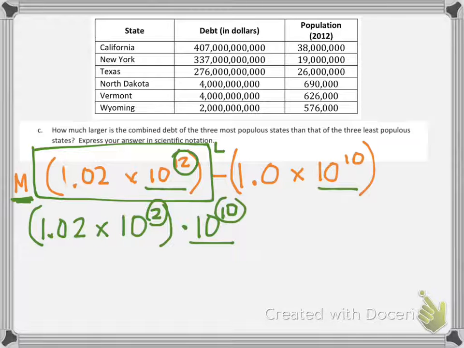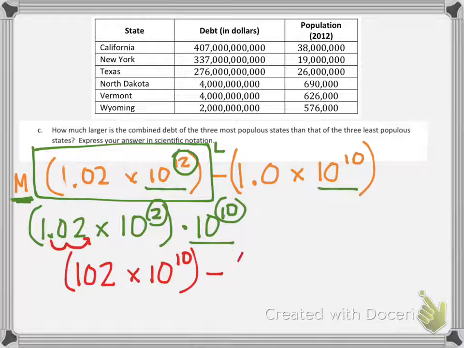All right, and then I'm going to say, well, I know that 1.02 times 10 to the second power means I can move this decimal two places, and that becomes 102. So now I have 102 times 10 to the 10th minus, and this is all in parentheses, minus 1.0 times 10 to the 10th.